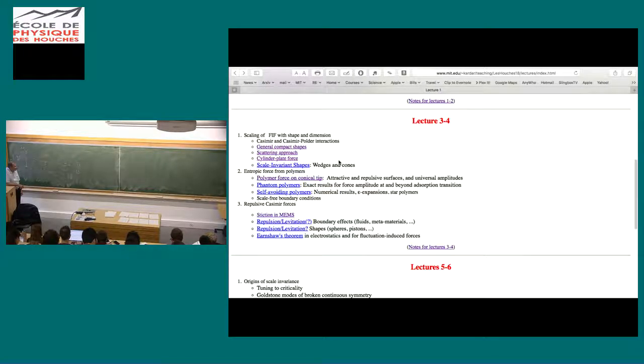So none of these is correct. Once you do the calculation, yes, it should be L. All of them should be proportional to L. So the correct one, you would have said, has to be proportional to length.